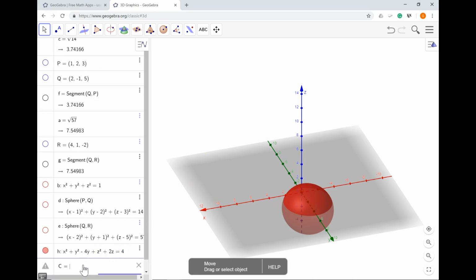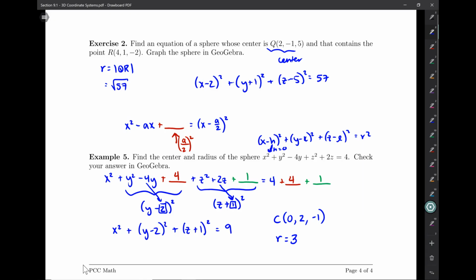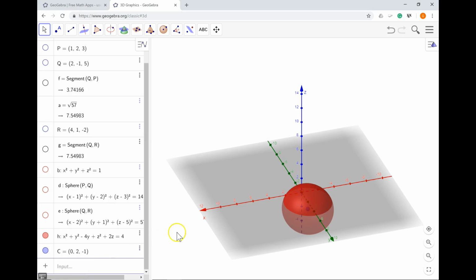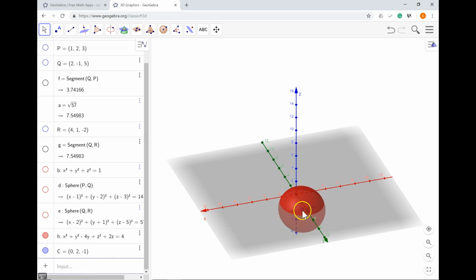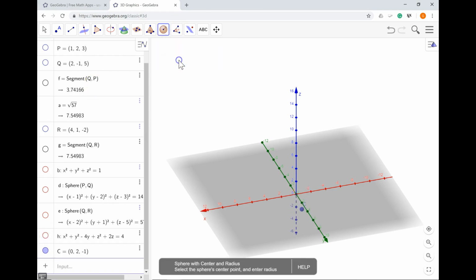What we can do is plot what we found, right? We found the center to be the point, what was it? (0, 2, negative 1). Double check. Yep. And then we found the radius to be 3. It's a little hard to tell, so I'm going to get rid of the equation for a second and do sphere with center and radius.